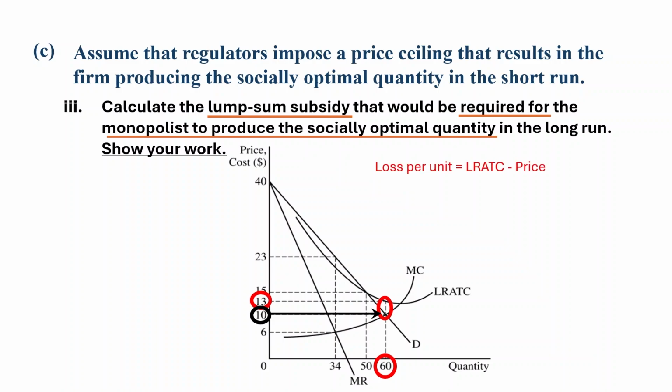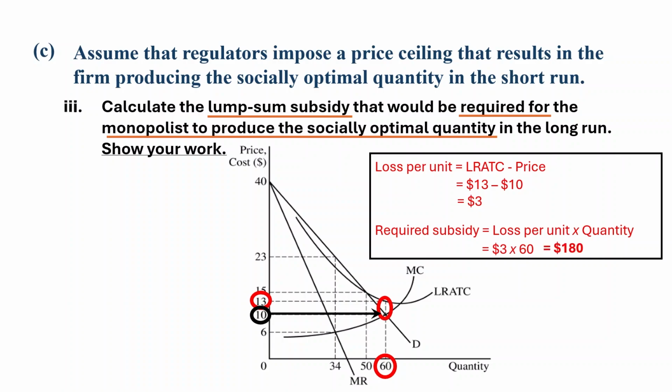Loss per unit equals LRATC minus price, which is 13 minus 10, which equals $3. The required subsidy is calculated by multiplying this loss per unit by the quantity. So 3 times 60 equals $180. The required lump sum subsidy is $180. This subsidy would cover the firm's economic loss.